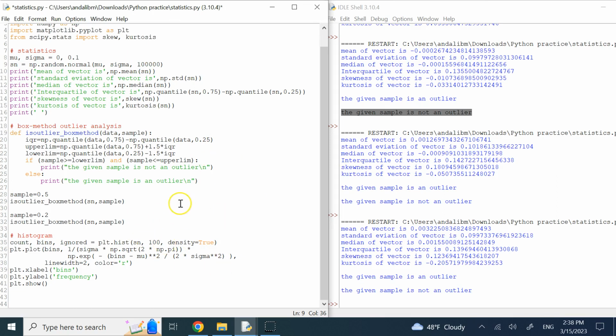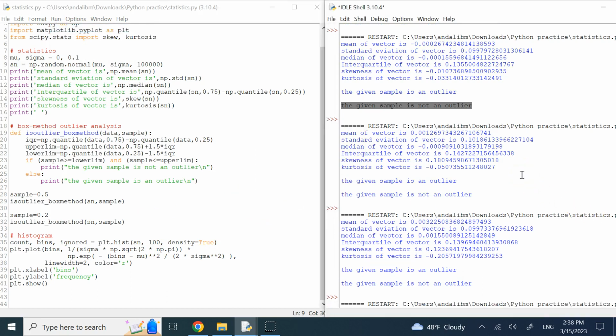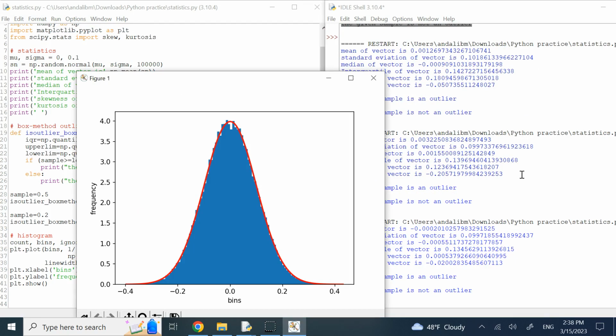So of course it takes a little bit more computation, but ideally I should get a better result this time. So let's take a look and see. Here we go. You see, now I have more bins, I have more data, and the red curve is a very, very good approximation of the blue histogram.